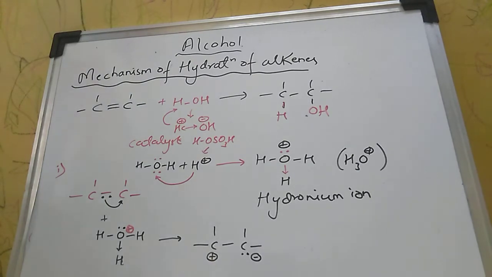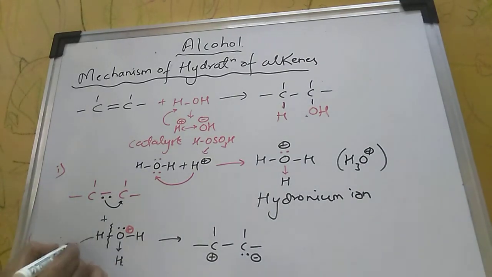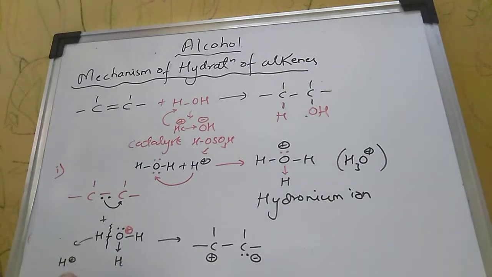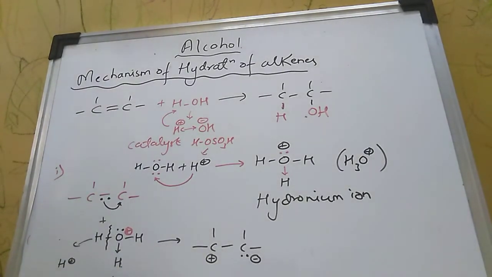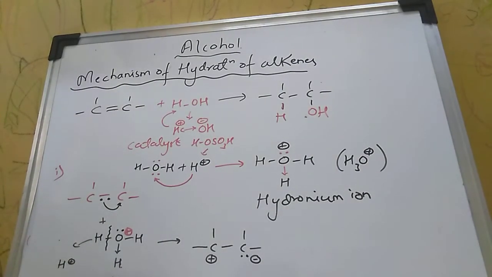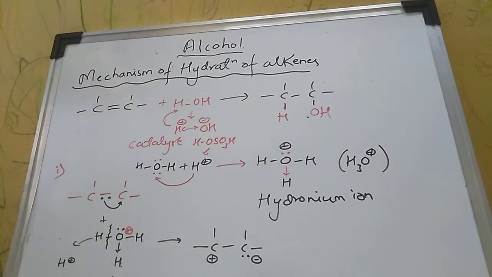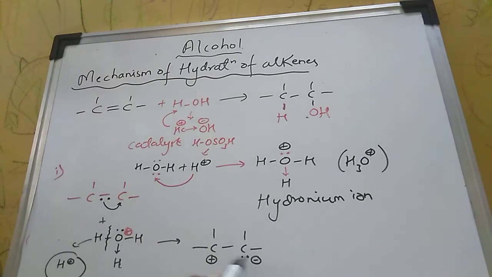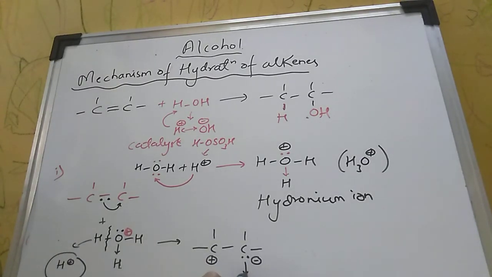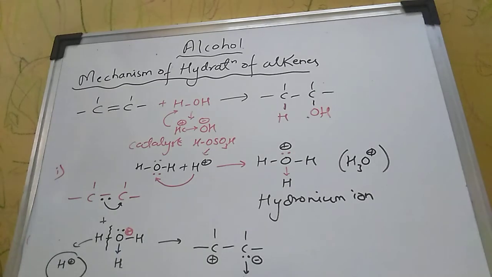Now here, this hydronium ion splits up in this manner. This H goes out as H plus. The electrons on oxygen are retained as they are. So obviously this H plus, among these two carbons, will go and attach to the carbon with more number of electrons.